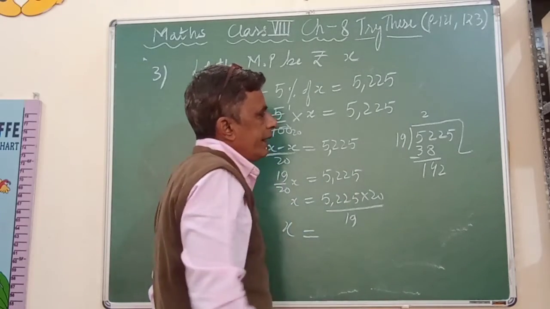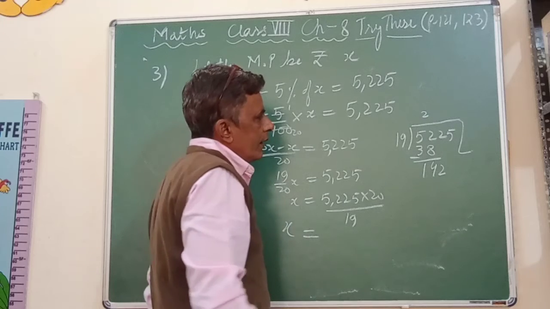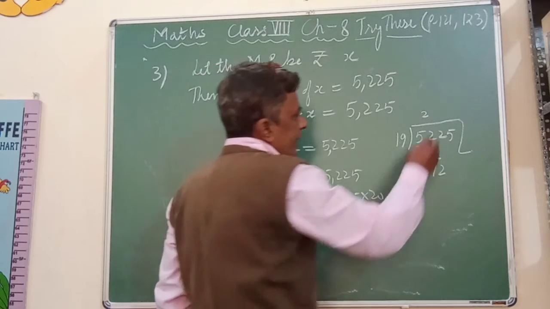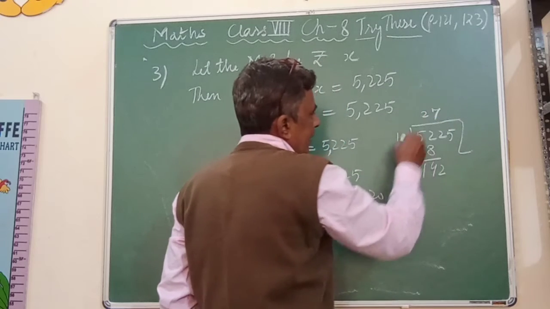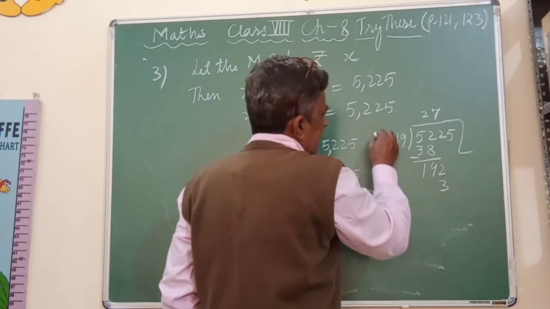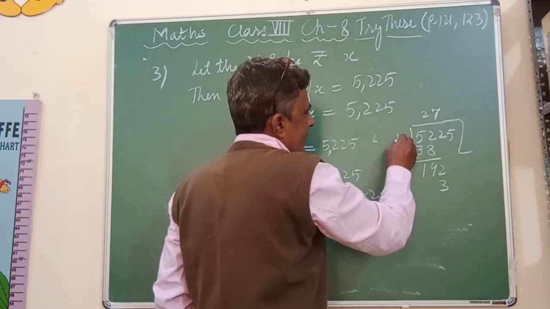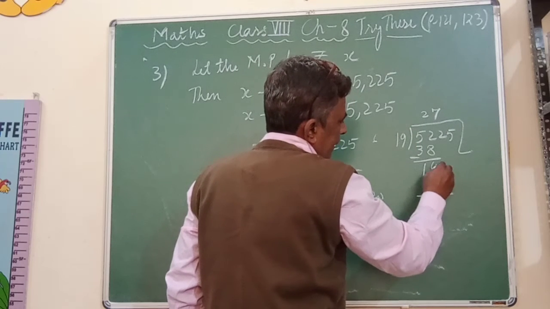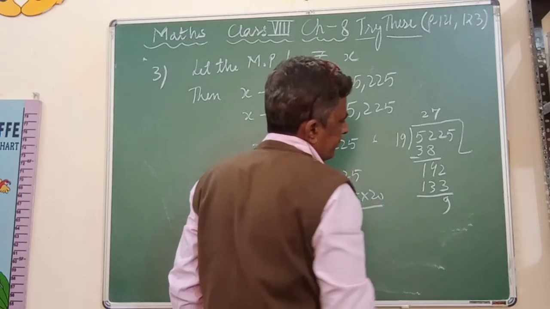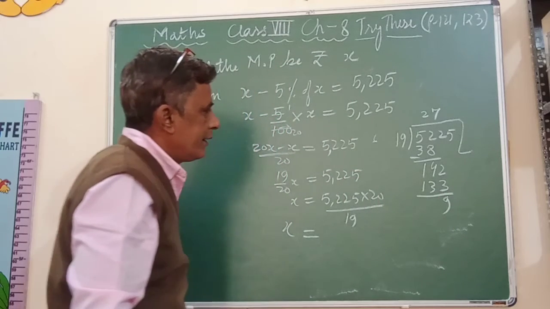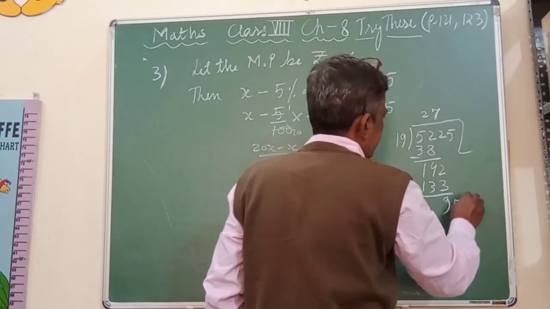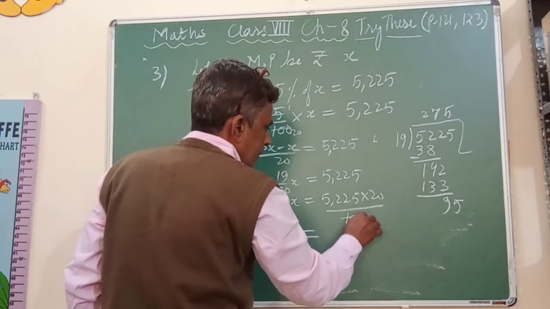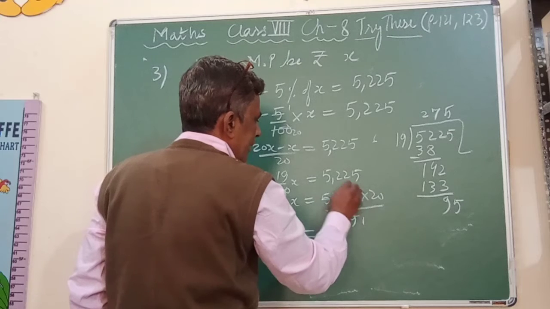We have to make an estimate. It is near 20 and this is near 147 times, I think. 7 nines are 63, 6 is carried, 7 ones are 7 and 6 is 13. 12 minus 3 is 9. 5 times, so we get 1 and 275.